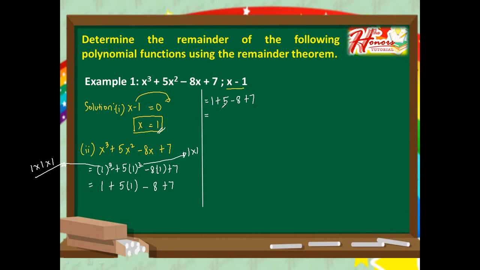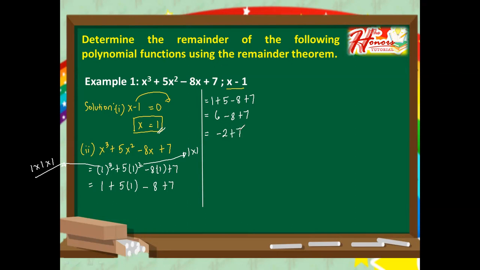So we have 1 plus 5, that's 6, minus 8, plus 7. 6 minus 8 is negative 2. Why is it negative 2? It is because we have opposite signs, positive 6 and negative 8. If that is the case, kindly subtract the numbers. 6 minus 8, that's 2, and then copy the sign of the larger number, that's negative. So that's why we have negative 2.